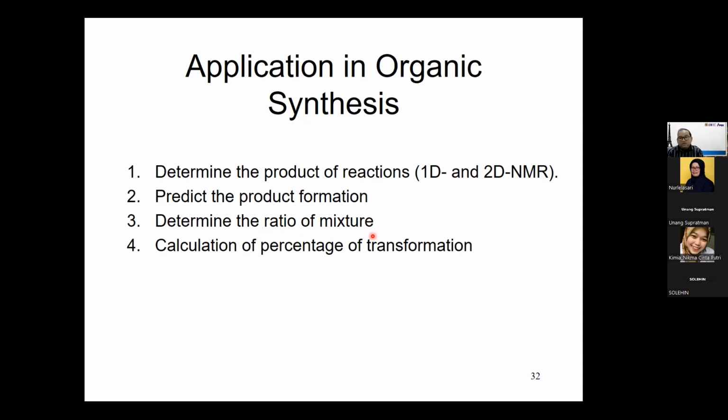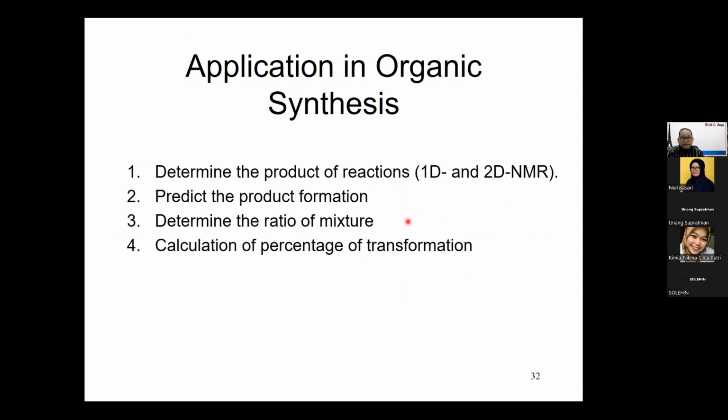You cannot separate, you don't have HPLC, so what you have to do is report it as a mixture. I have a few examples after this, published last year, about this one. We spent a lot of effort doing column chromatography, and after that we realized we cannot do that. Okay, the last one is calculation of percentage of transformations. We can do it by doing the integration and the ratio of the compounds.